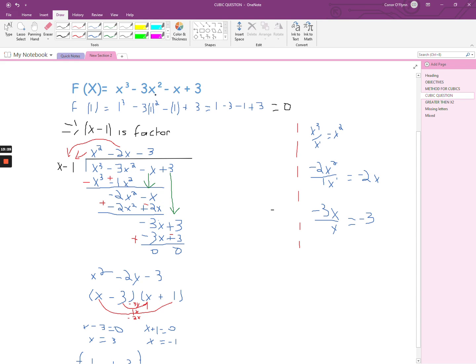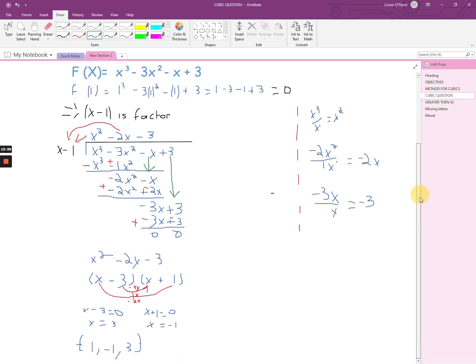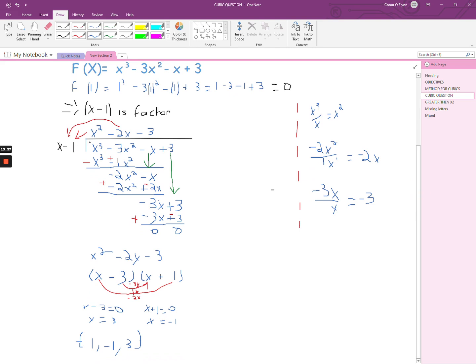Then that number will be a root. So if 1 is a root, x minus 1 is a factor, and you divide in the factor. You always divide by the factor. When you divide by the factor you'll get a quadratic, and it has to go to 0 at the end, so you know you've done it right. So you factorize the quadratic and solve for x, and there you go.